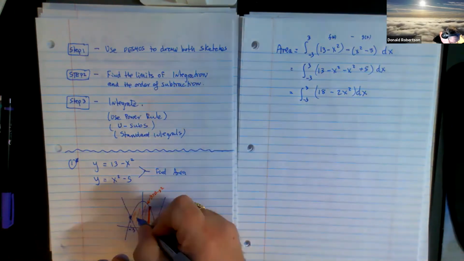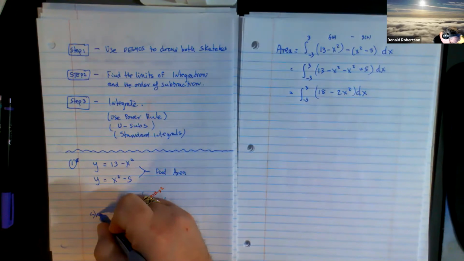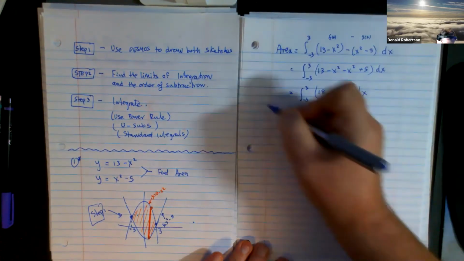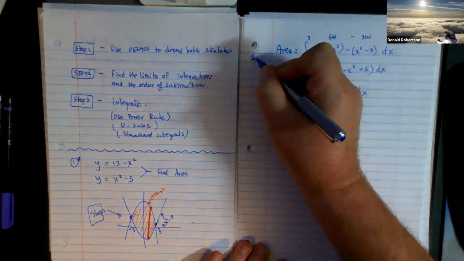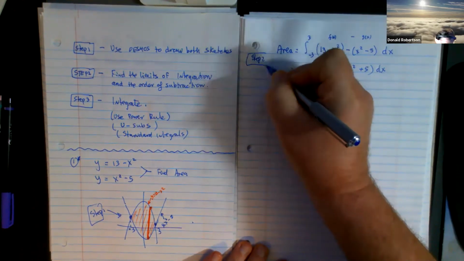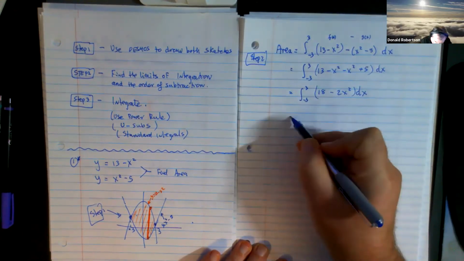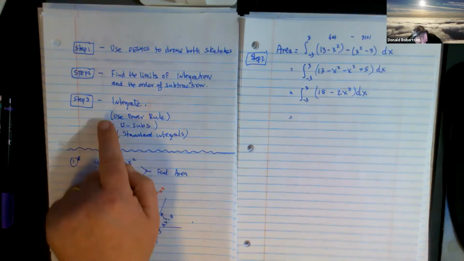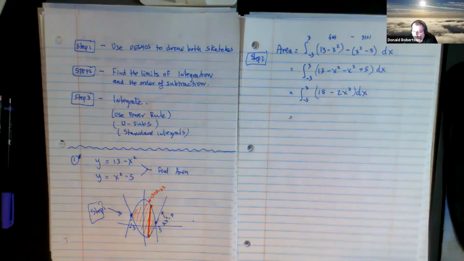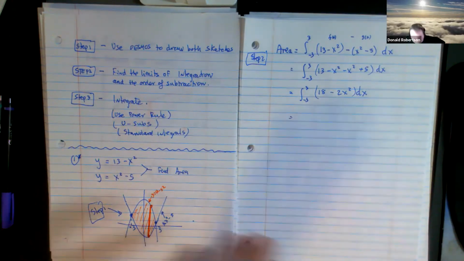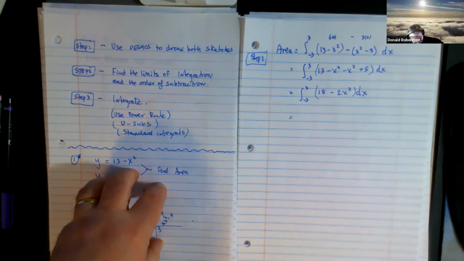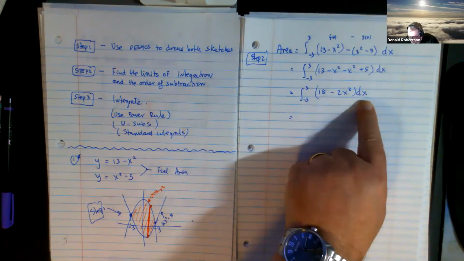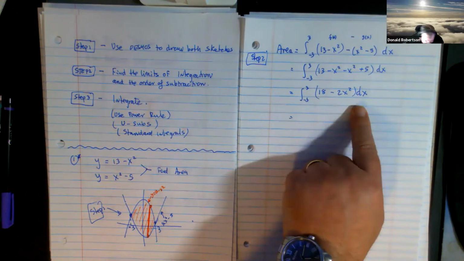So this thing in Desmos was essentially my step 1. Setting this up was essentially my step 2. Now I'm about to integrate that and eventually get a number, and that's essentially step 3. Right, so picture, get your information, set up your integral, make it look as pretty as possible. That's step 2. And then evaluate that integral.